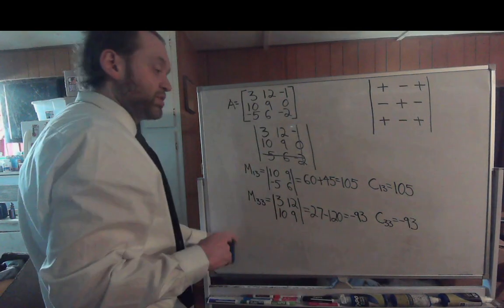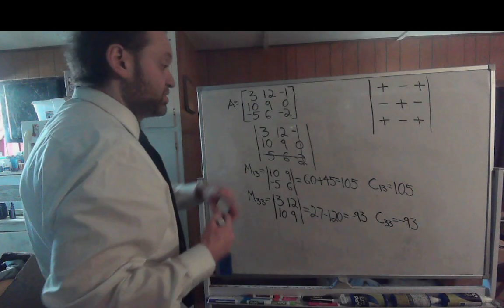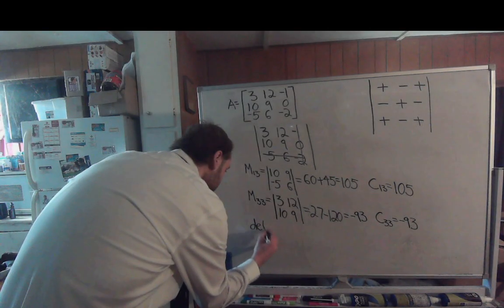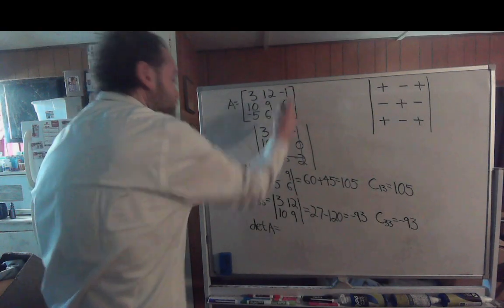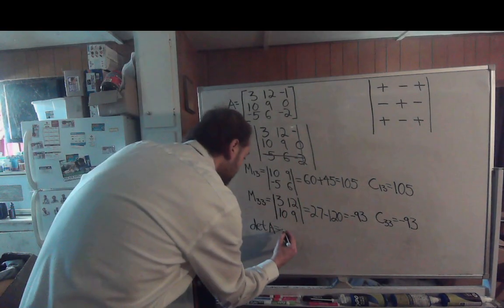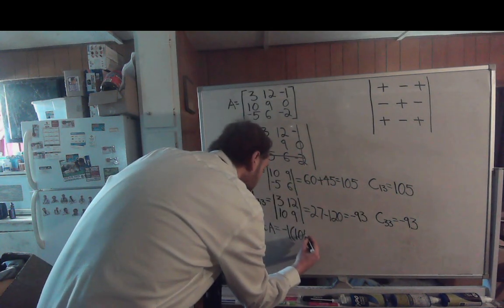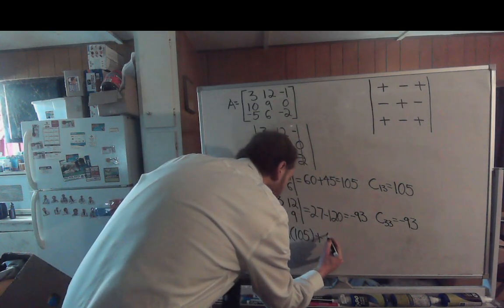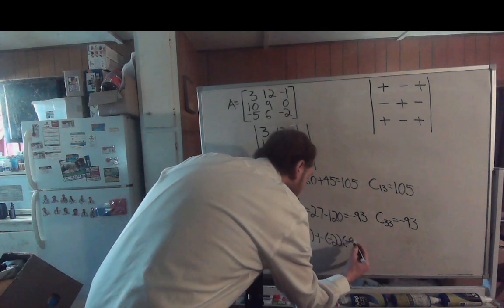Alright, so I got both the cofactors I need now. Now I can go ahead and proceed to do my multiplication. So to find the determinant, it's going to be that coefficient of -1 times my cofactor of 105, plus that coefficient of -2 times my cofactor of -93.